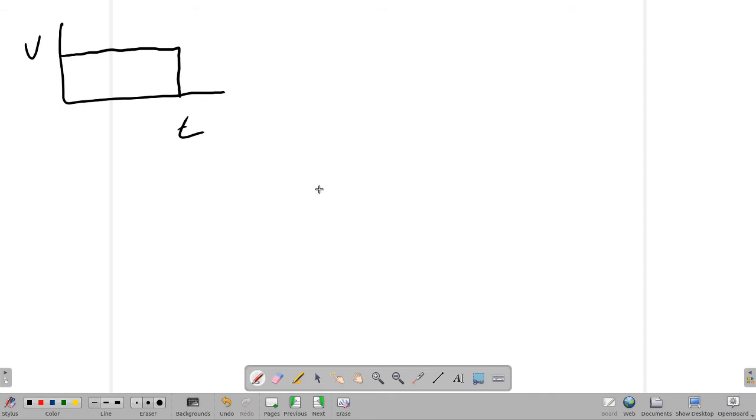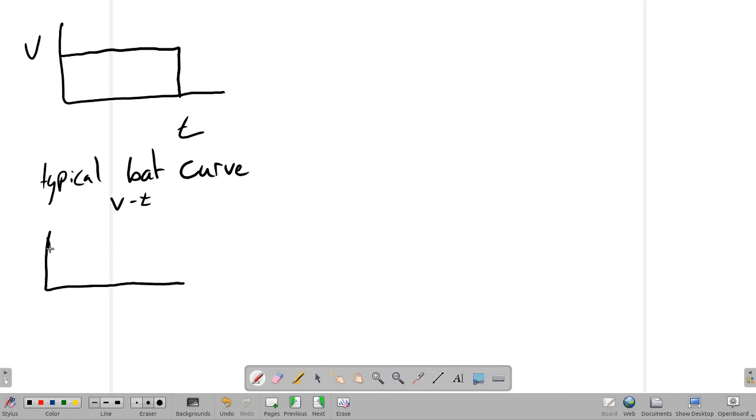As I said when I was explaining the question, typically batteries don't have curves like this. They have more complicated curves where they dissipate gently over time. So a typical battery curve, and this is voltage against time, would look something like this, where this would be the kind of rated voltage, and there's time on the bottom.